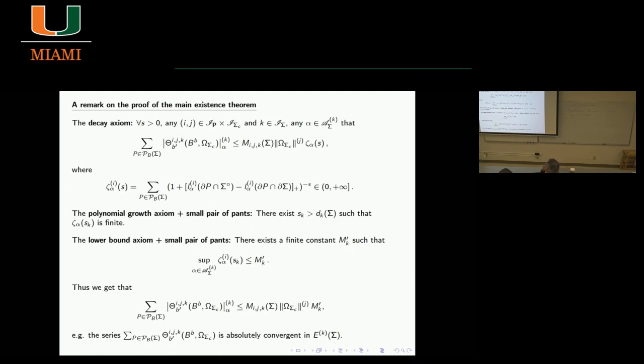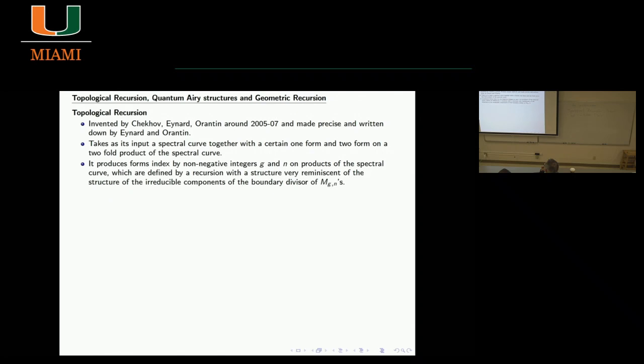Right. Okay. So just a few comments about topological recursion and geometric recursion relations. Topological recursion was invented by Chekhov, Eynard and Orantin around 2005 to 7. It was made precise and written down by Eynard and Orantin.